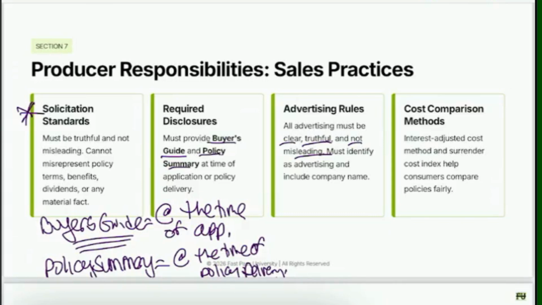So you need to be showing any cost comparison methods that are truthful, and interest that is adjusted. It has to be realistic. You cannot just show them the one rare case that you had where somebody did really well. It's got to be certain averages or certain limits for how much you can present in materials. So there's lots of rules and regulations around this.